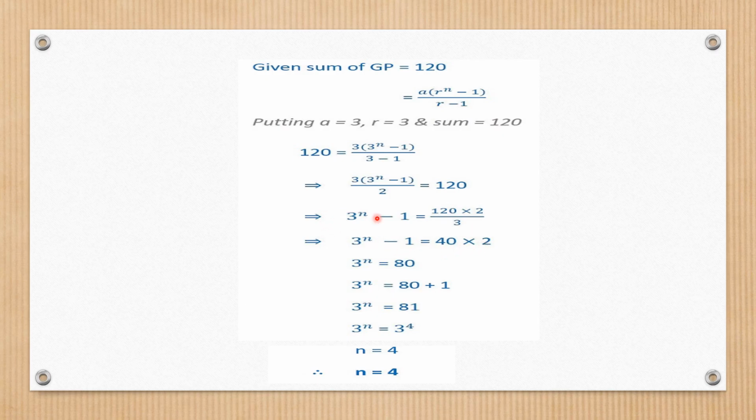So 3 raised to power n minus 1 is equal to 80. So 3 raised to power n is equal to 80 plus 1, that is 81. That is 3 raised to power n is equal to 81, and 81 is 3 raised to power 4. So by using the properties of exponents, n is turning out to be 4.